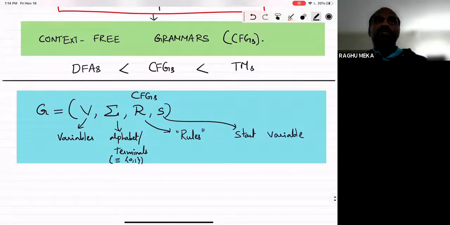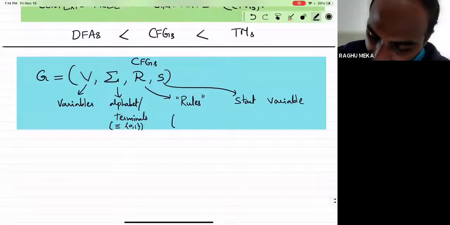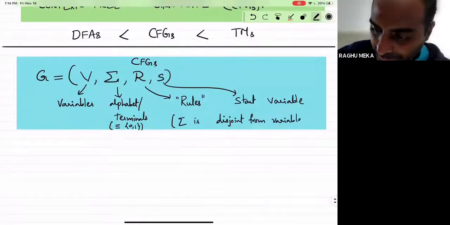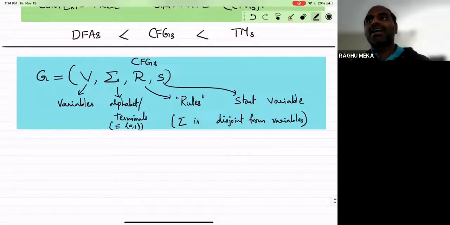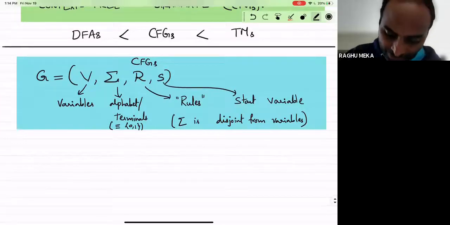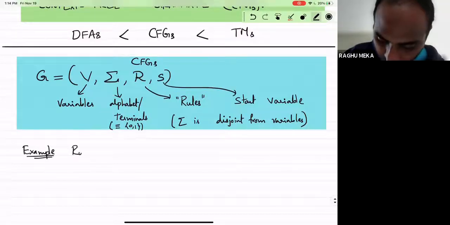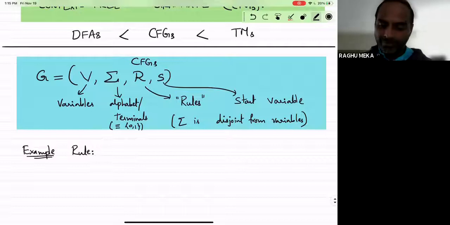Okay. So context-free grammars are essentially rules for substitutions. And one thing we should keep in mind is that sigma is disjoint from variables. Okay. So I'm going to describe this essentially by examples instead of stating them formally. An example rule: a rule really is of the following form.